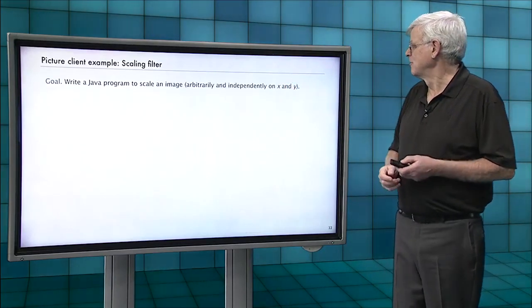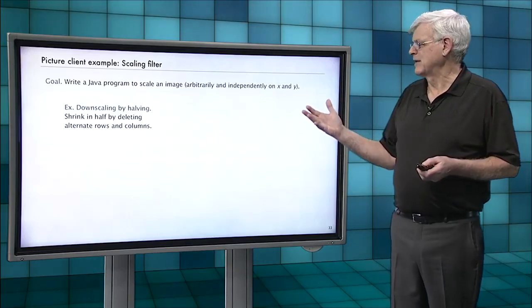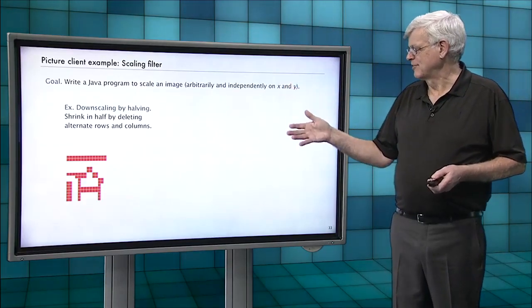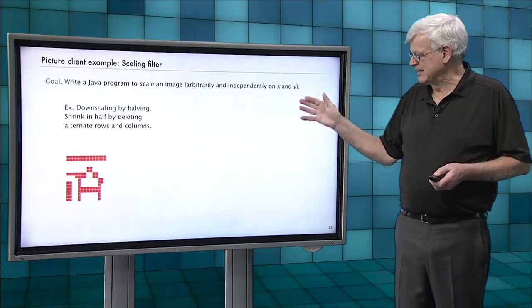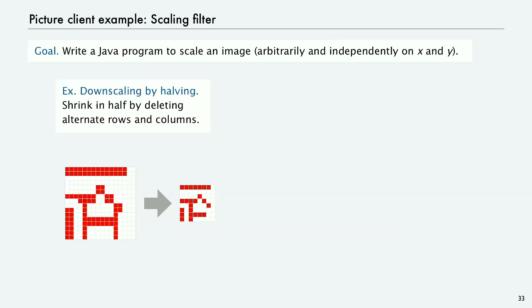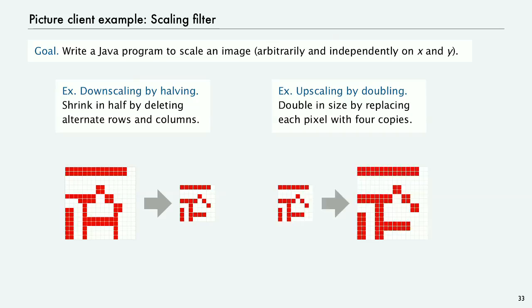Let's scale an image. For example, let's say you had to cut it in half. One way to do it is to just downscale by deleting alternate rows and columns. In that example, you're going to lose some detail, but that's an option. Or you can upscale by doubling, to make a picture twice as big, just replace each pixel with 4 copies of itself.